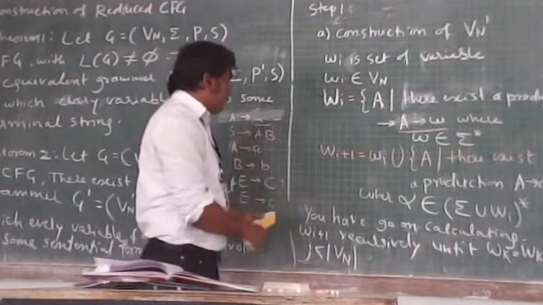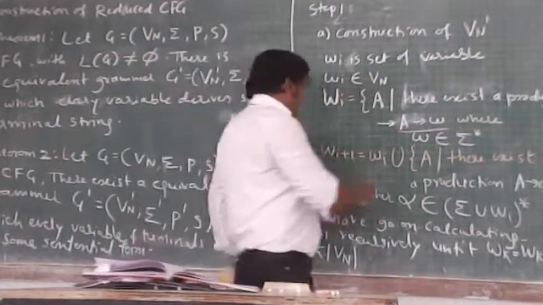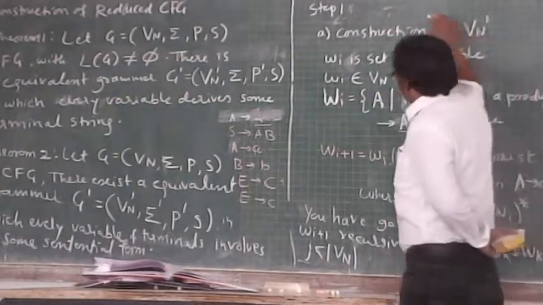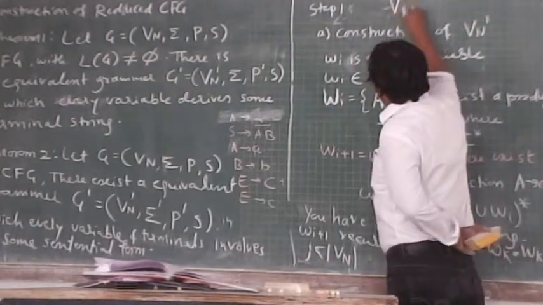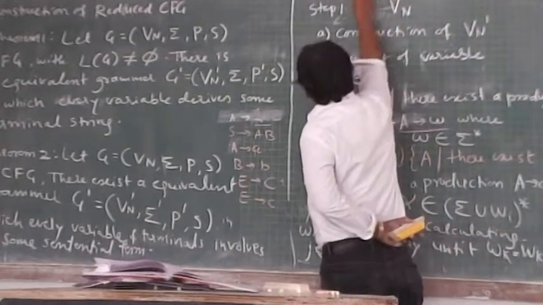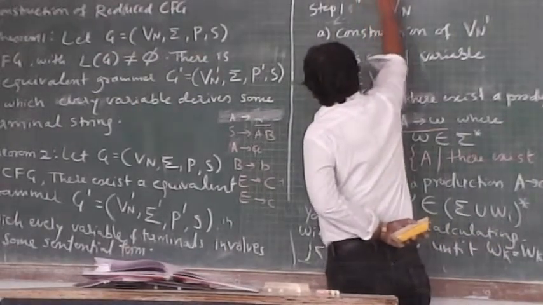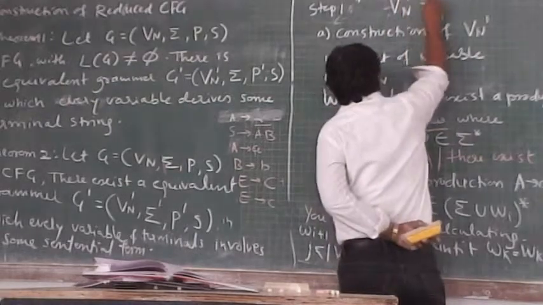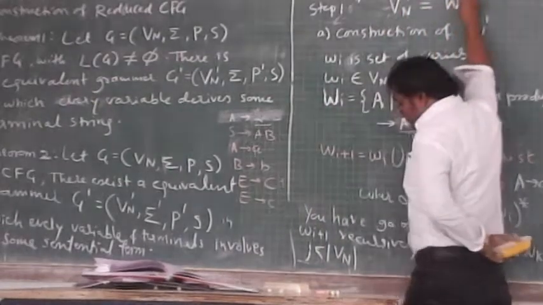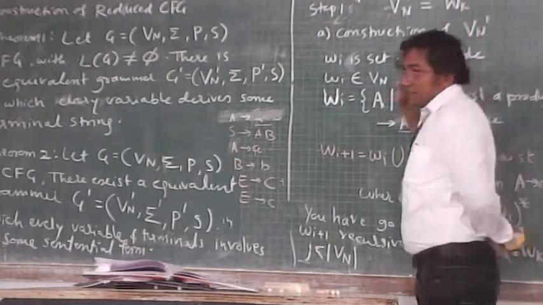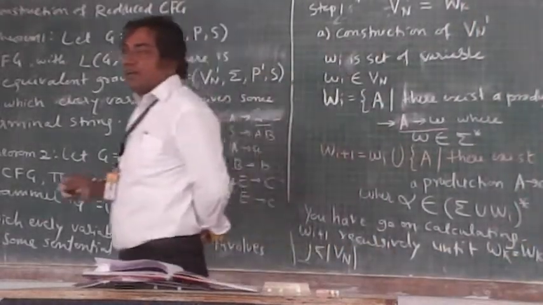And the last W, so what is Vn equal to? Here we are constructing Vn dash. So Vn dash is equal to the last W you have calculated.